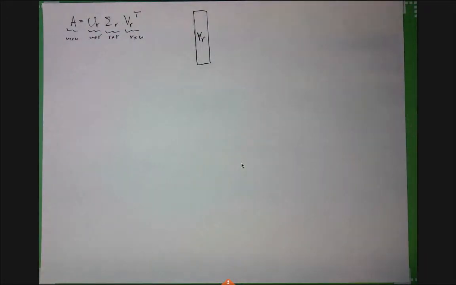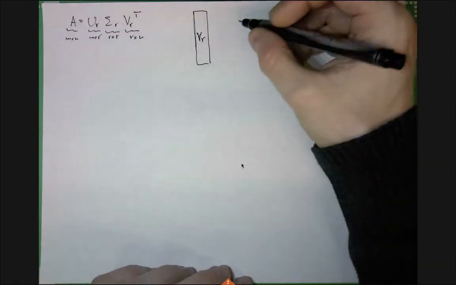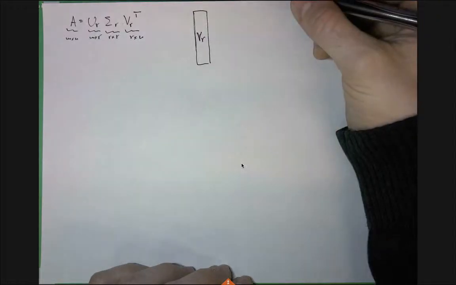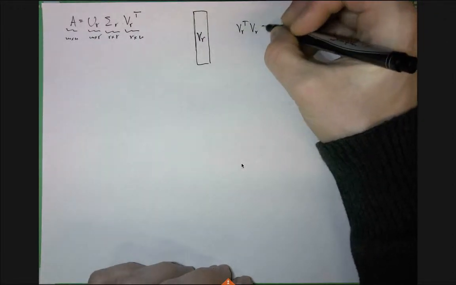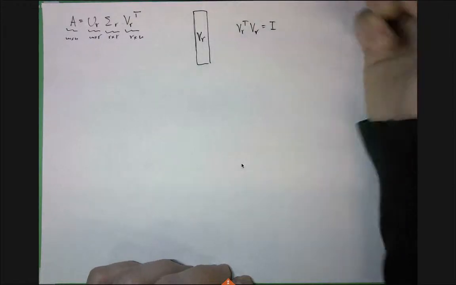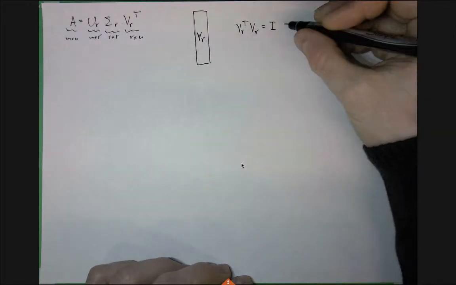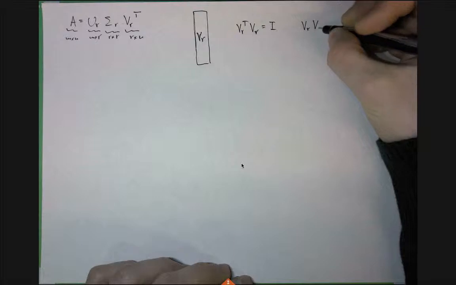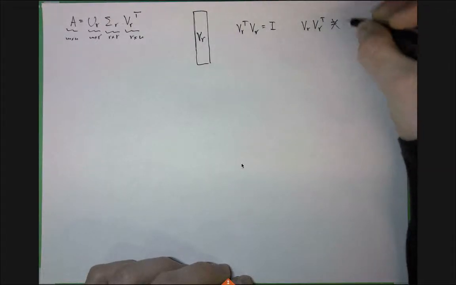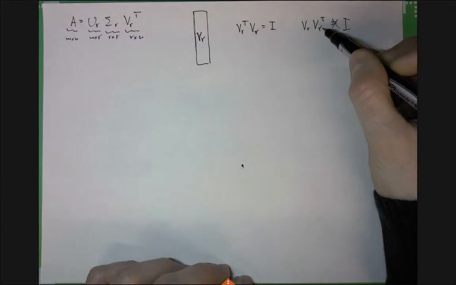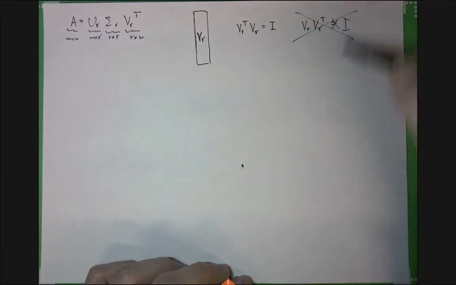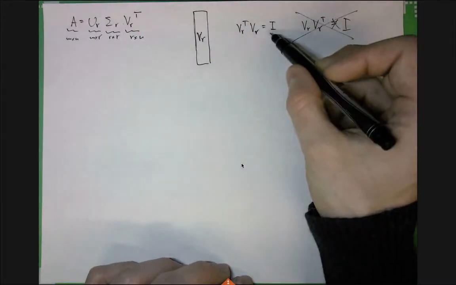I cannot say that VR is orthonormal, but I can say that VR has orthonormal columns. In other words, VR transpose VR is identity, right? But VR VR transpose is not identity. Careful about that. If it's not a square matrix, this is not true. But VR transpose VR still is identity.